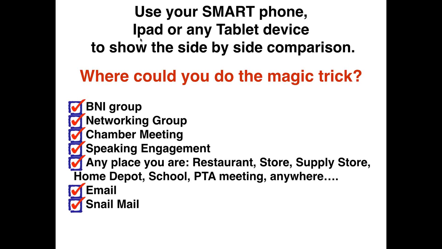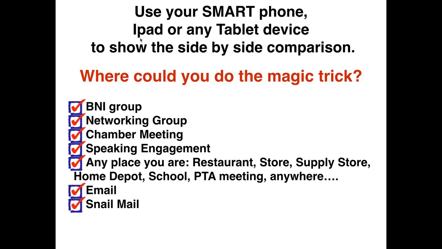You could be on television right now talking about the mobile-friendly update using your smartphone as a prop and showing the person you're talking to, oh, look here, this is what a business looks like that's not mobile friendly. This is what a business looks like that is mobile friendly. Okay? You can do the magic trick no matter where you're at.